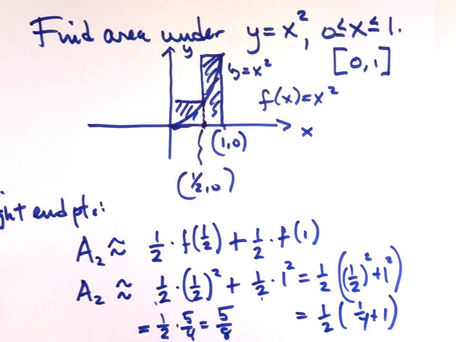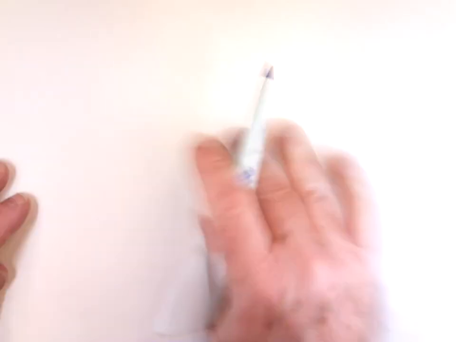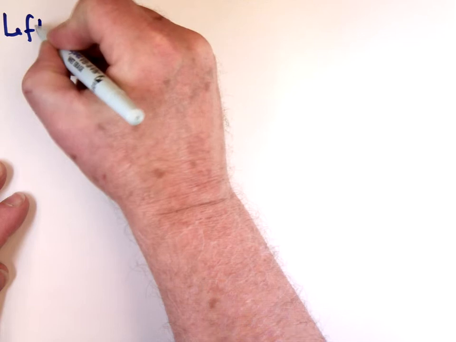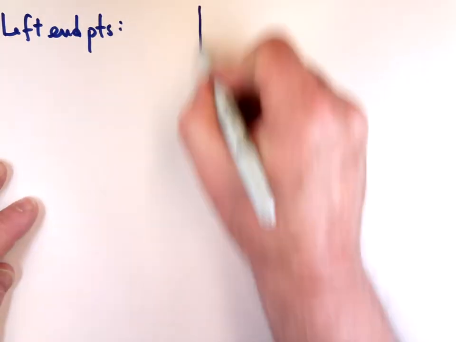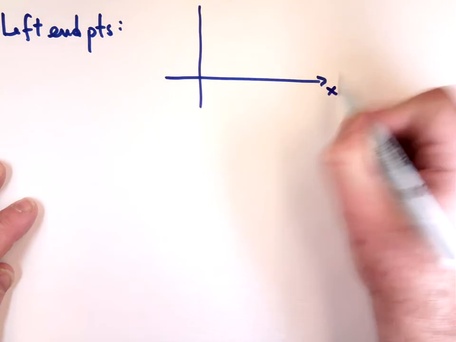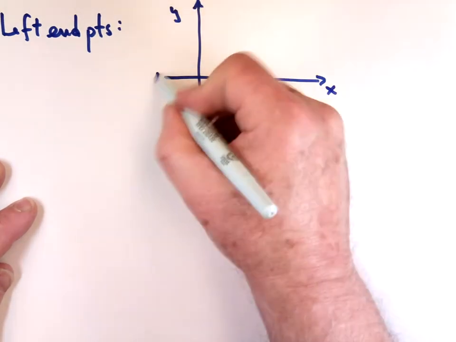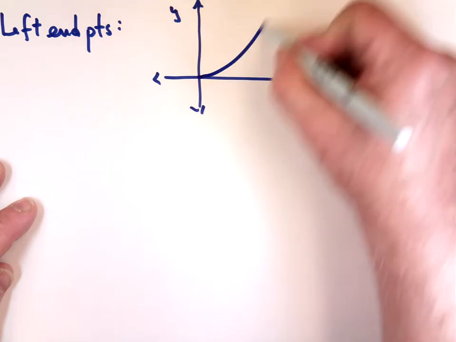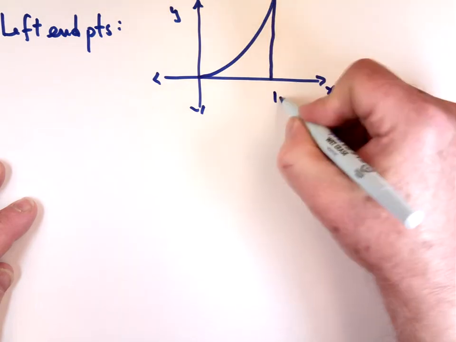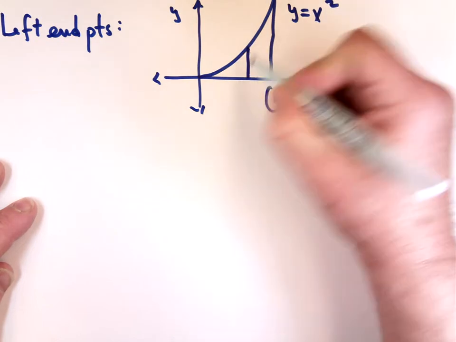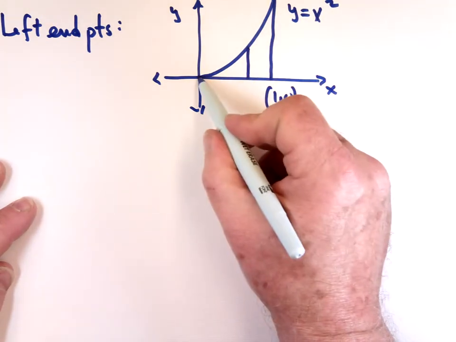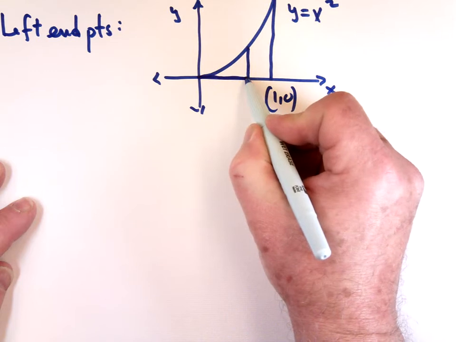All right? So here we go. Let's take left endpoints. Same problem. Divide into two pieces, but now we're going to take left endpoints. That means the first rectangle here is 0 height, and the second one is this one here.